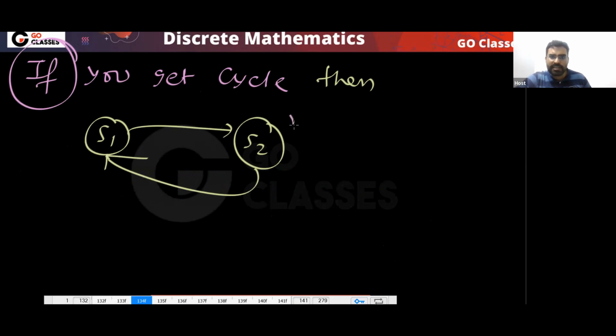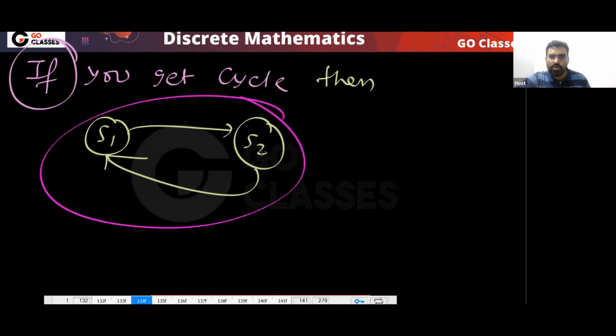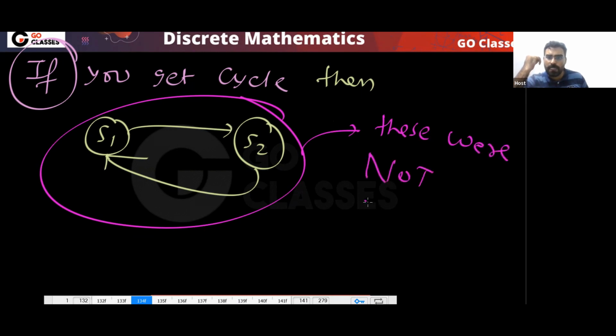If you get this cycle, what does it mean? It means these were not maximal. If you get a cycle, it means these were not maximal. There is a contradiction.